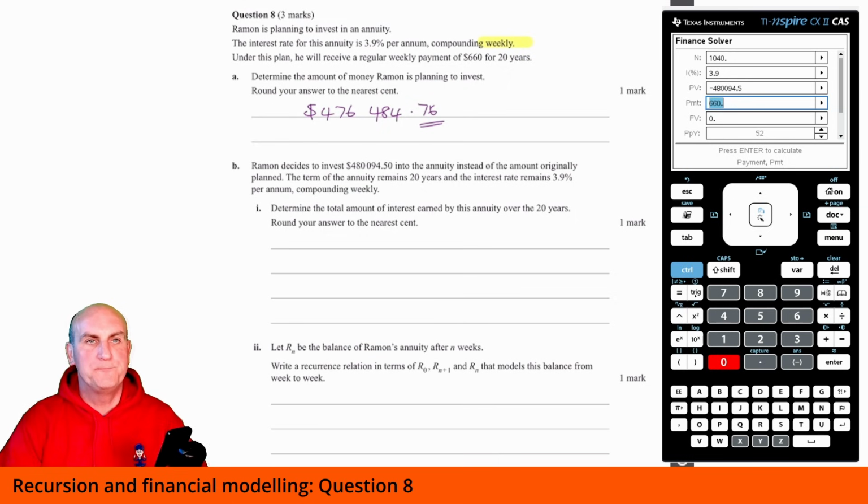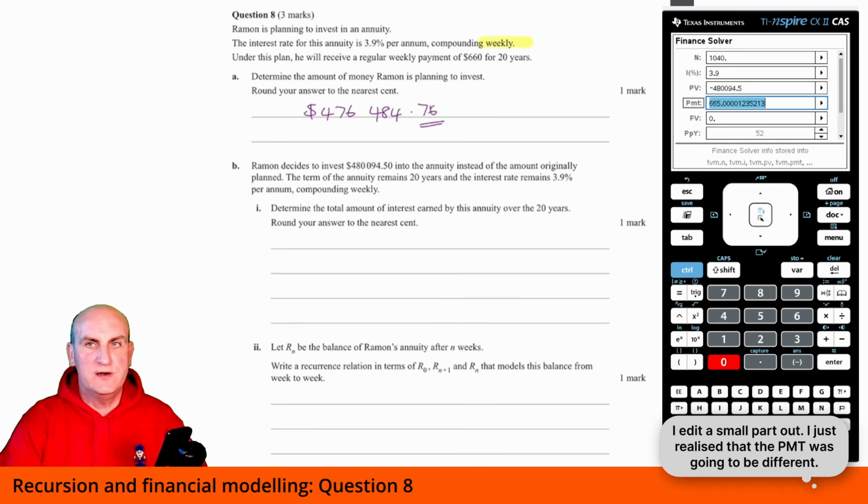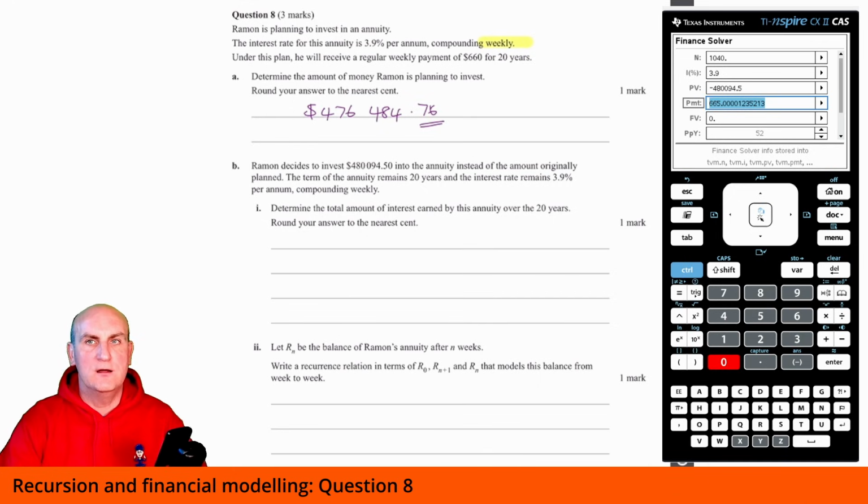Now in that situation, as far as I'm concerned, if it's staying the 20 years with compounding weekly, 3.9%, he's put in 480,094.50, then his payments are going to be slightly different from what it says up there. It's actually going to be $665. Determine the total amount of interest earned by that. So he's going to get $665 per week, and I'm going to times that by the number of weeks, which is 1040.